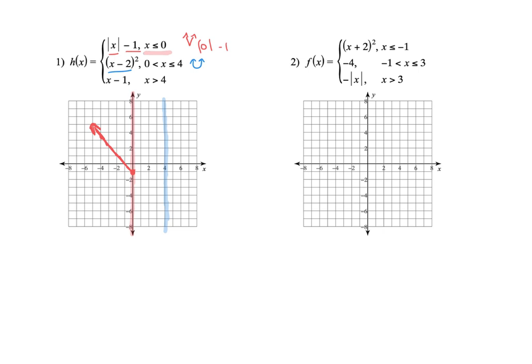And remember, inside the parentheses, you move opposite, and you move left or right. In this case, we're going to move right. Remember, it's the opposite. So this would be a parabola that would start at this 2 right here, and that would do something like this. This would be the parabola. It would look something like that.